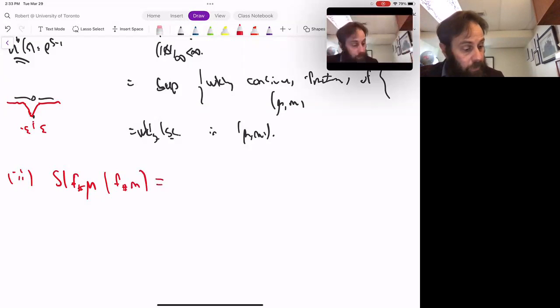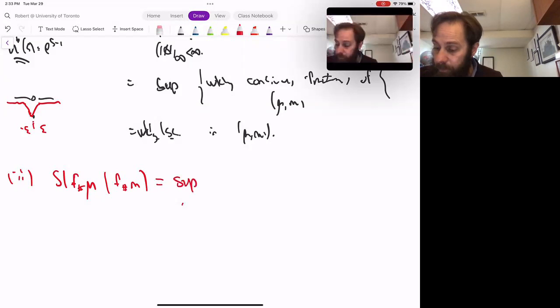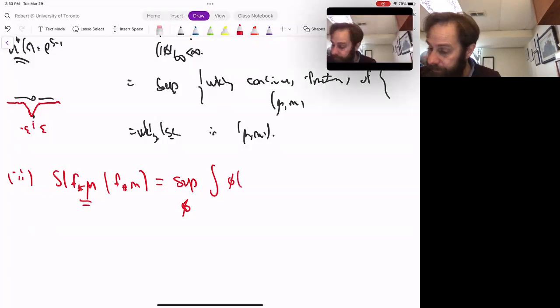So according to what we said previously, this is a sup over phi of, what does it mean? Phi should be integrated against this measure, which is the same as composing phi with f and integrating against mu.